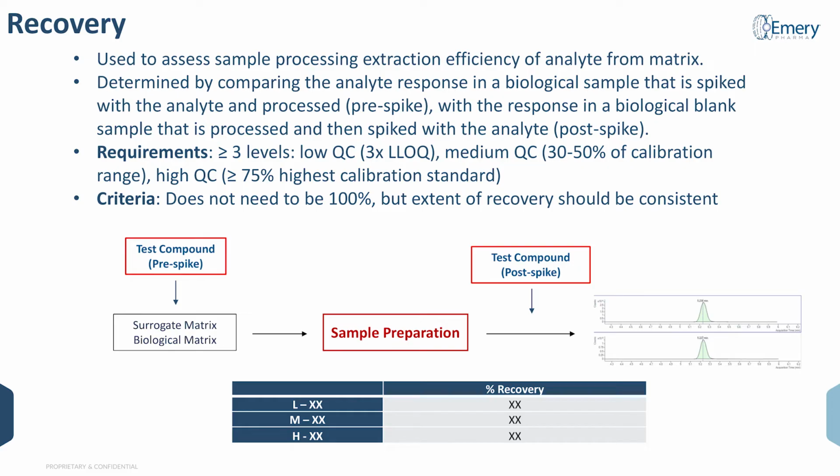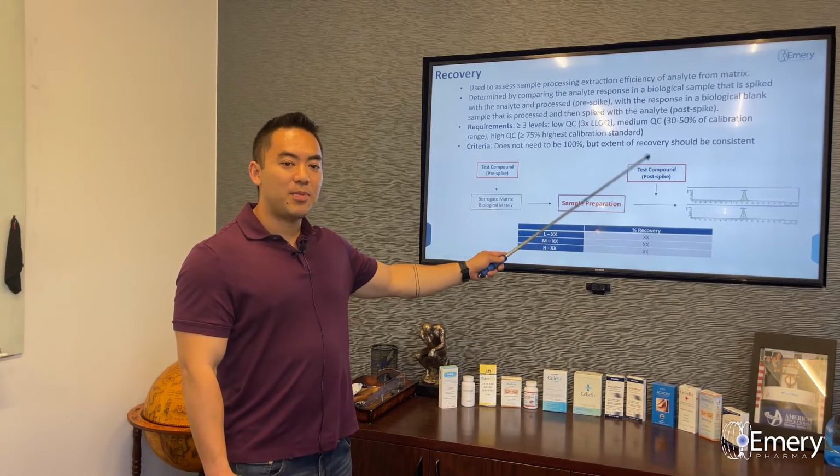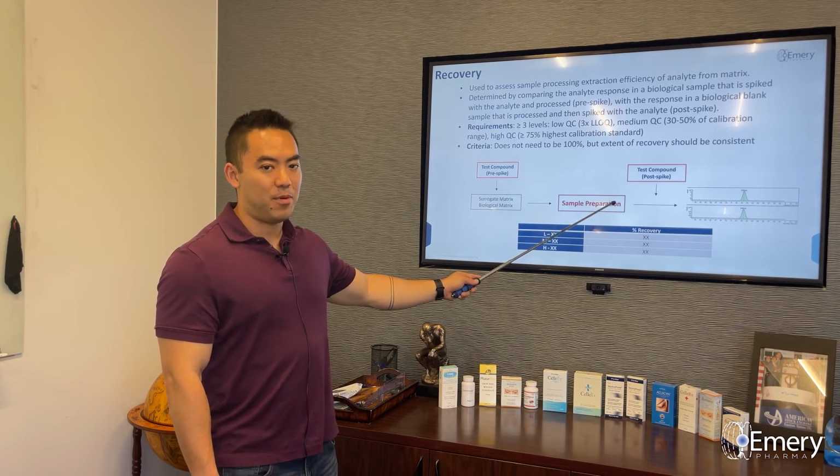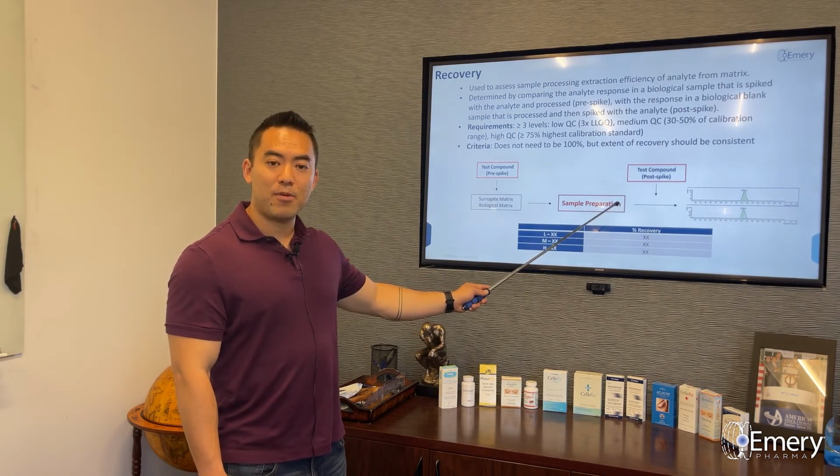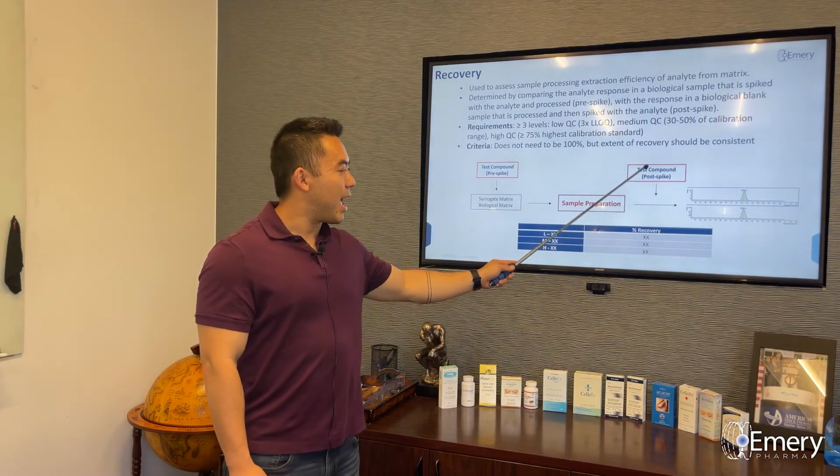So imagine that same scenario where we have our surrogate matrix or our biological matrix. We add our test compound. We then do our sample preparation prior to analysis. We'll call that our pre-spike. We're pre-spiking the matrix before sample preparation. Post-spike is when you actually spike the compound after sample preparation. So we take our blank matrix, perform the sample preparation, and then spike afterward.